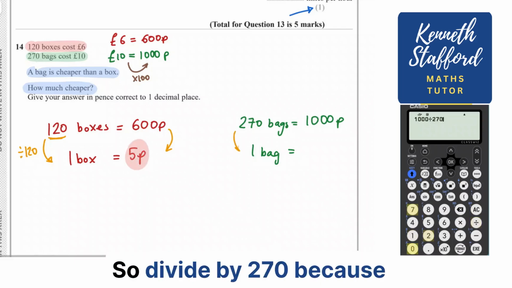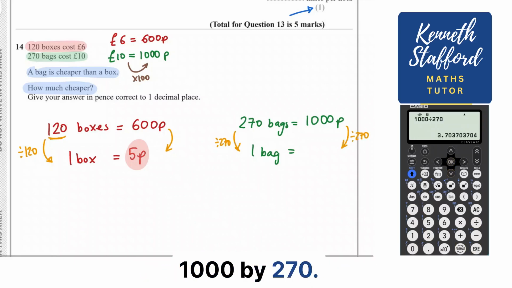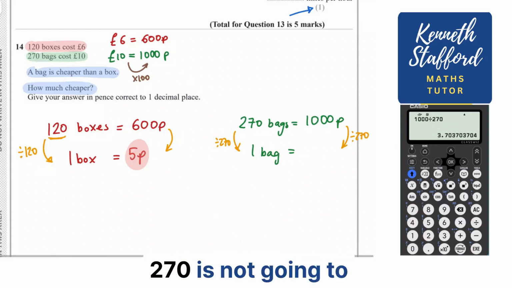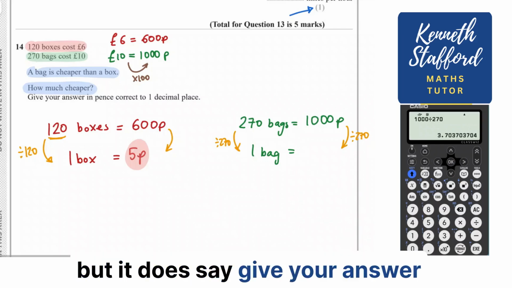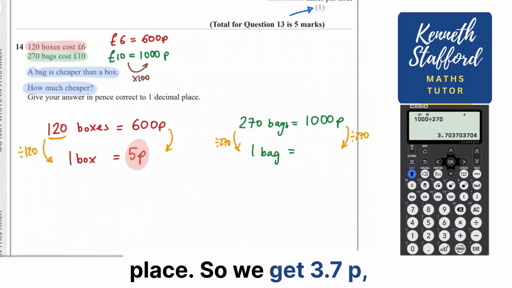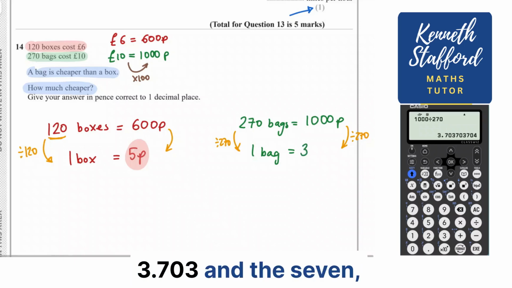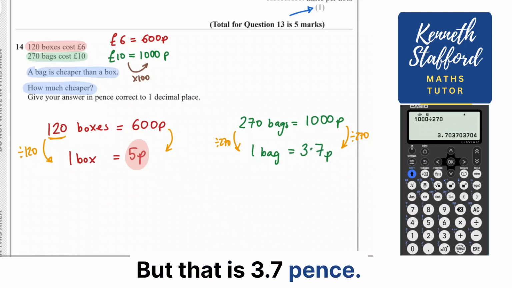So divide by 270 because there's 270 bags, and we're going to divide 1,000 by 270. Now, 270 is not going to go in nicely, but it does say give your answer in pence correct to 1 decimal place. So we get 3.7p. 3.703, and the 7, the 0, and the 3 recur, but that is 3.7 pence.